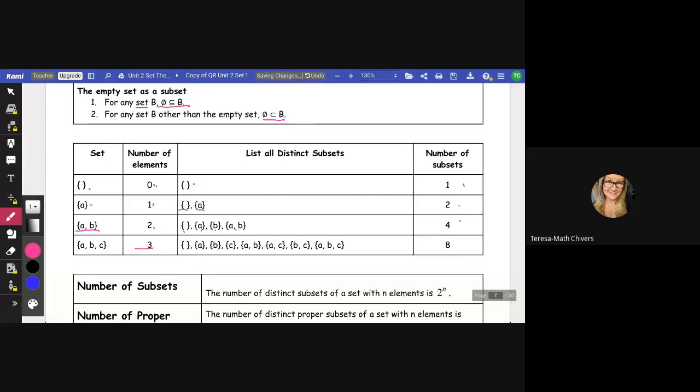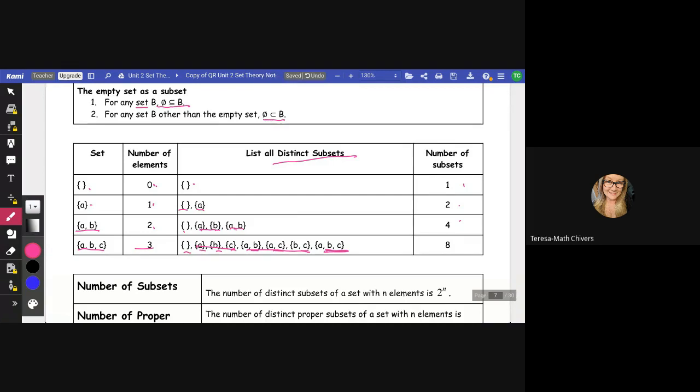If I have 3 elements in my set, A, B, and C, I could have 1, 2, 3, 4, 5, 6, 7, 8 subsets. When you're listing your distinct subsets, it helps to find an order to do it. Here you notice they started with nothing, and then they did all the possible 1-element sets, and then all the possible 2-element sets, and then 3-element sets.